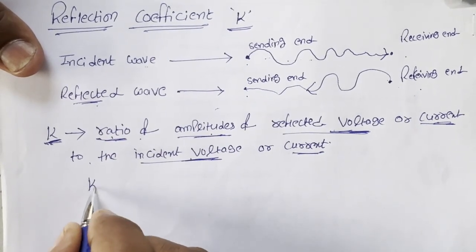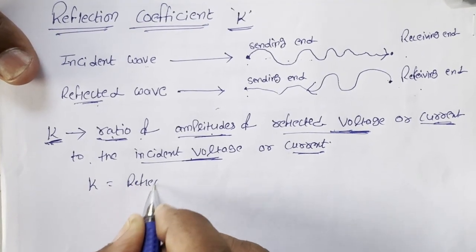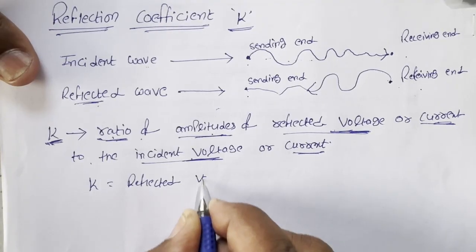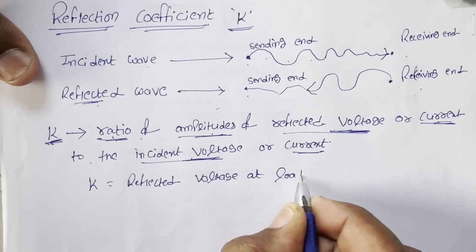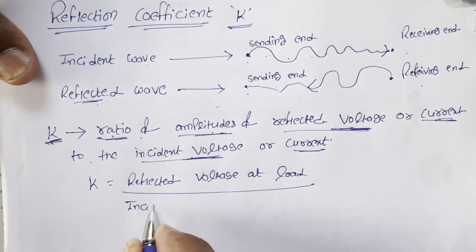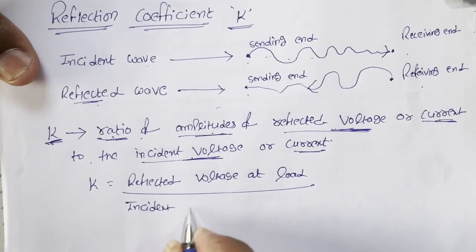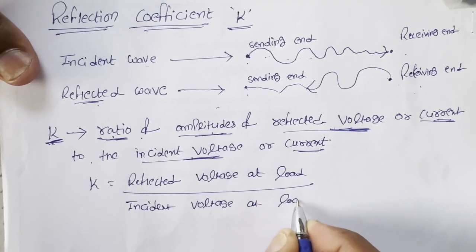That is, K is equal to reflected voltage at load divided by incident voltage at load.